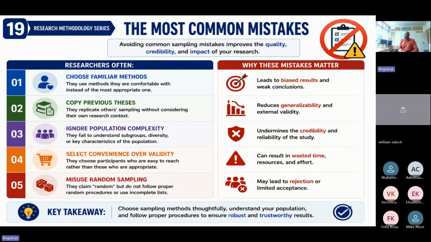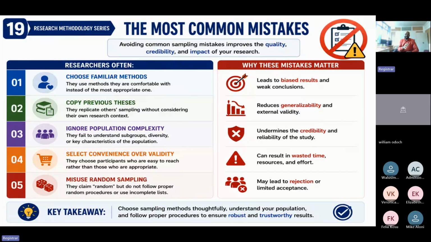We cannot blame anybody. So if you choose familiar methods, the methods you are more comfortable with, instead of the appropriate one, it leads to biased results. Many people say simple random sampling, stratified random sampling. It's not like that. You should have a reason.